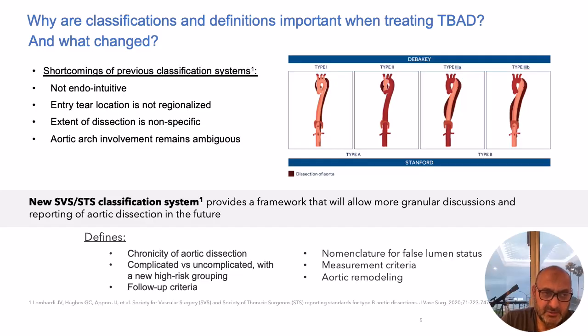So the nomenclature has changed, because the first classification is non-endovascular intuitive. The entry tear is not really recognized, the extent of the dissection is not specific, and aortic arch involvement is not mentioned.